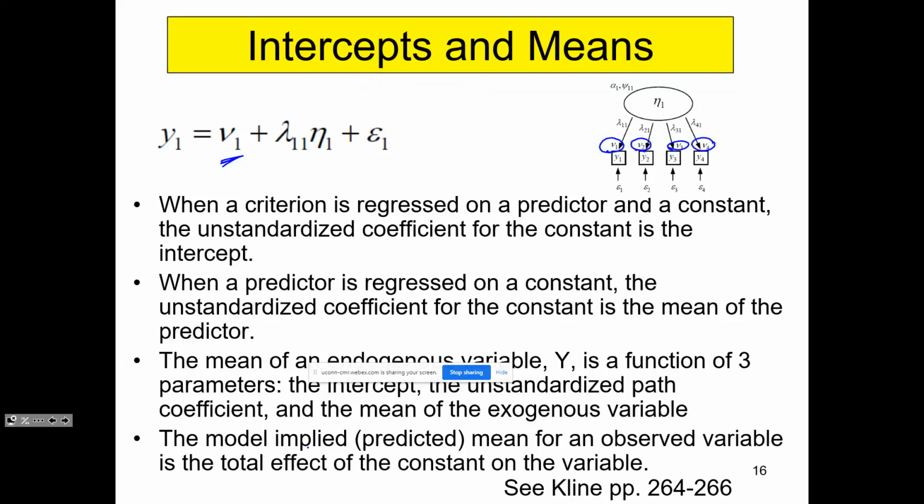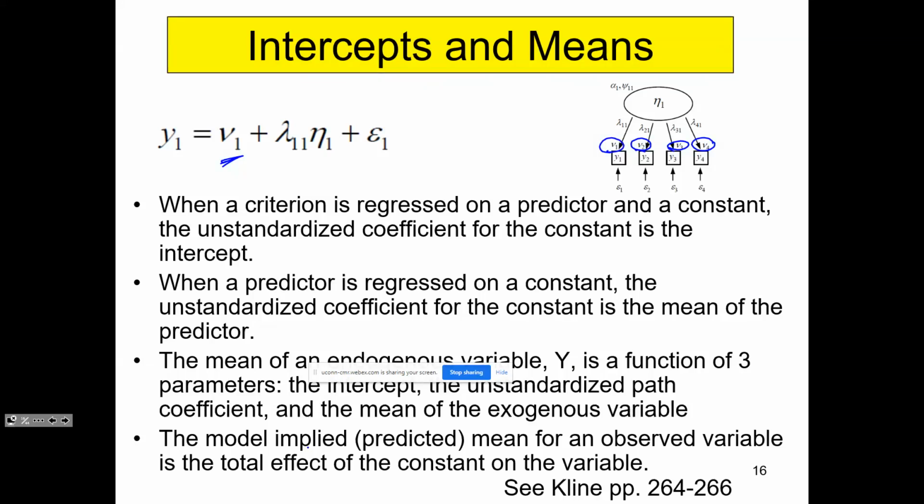When is the latent variable 0, by the way? What's the mean of the latent variable? Well, actually, that's not a fair question because we didn't talk about means. But here's the thing.